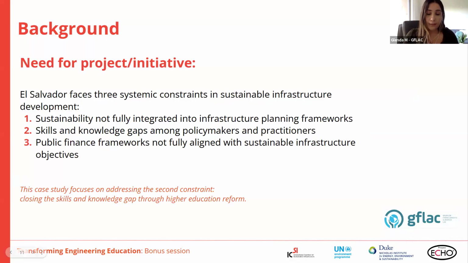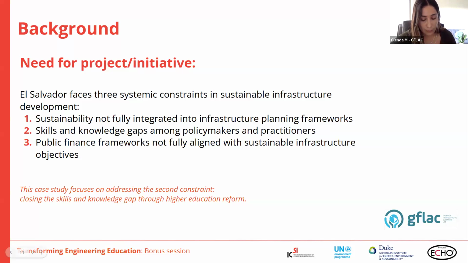Okay, and Rowan gave us the background, but I'm going to comment that El Salvador faces three systemic constraints in sustainable infrastructure development. First, sustainability is not fully integrated into infrastructure planning frameworks. The second is there are clear skills and knowledge gaps among policymakers and practitioners.